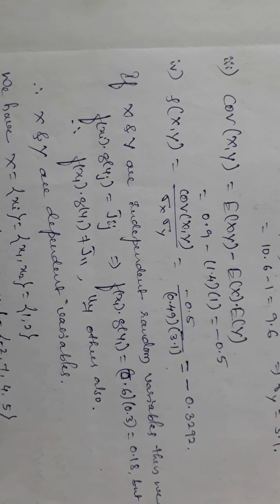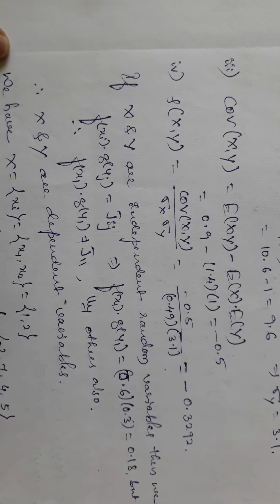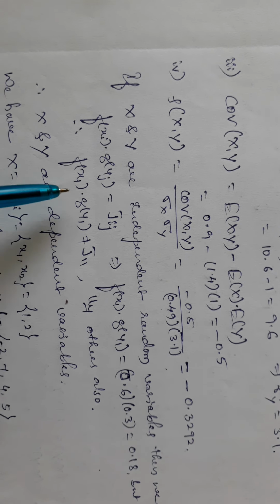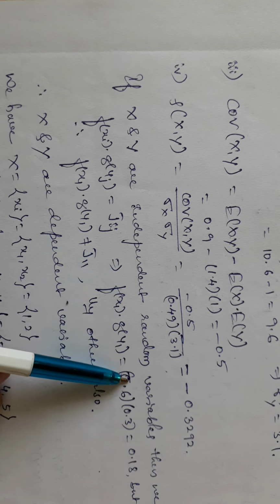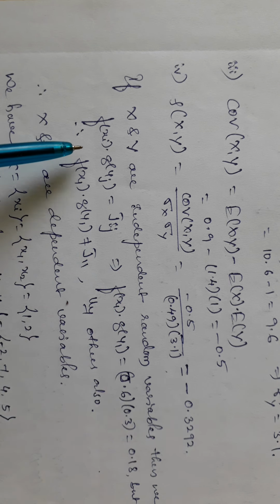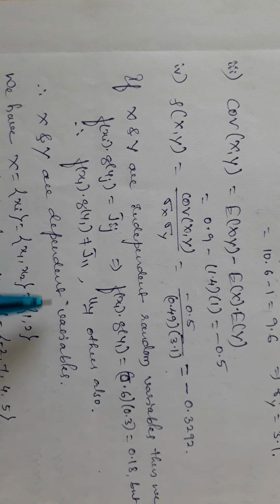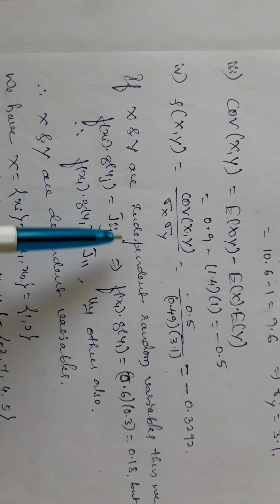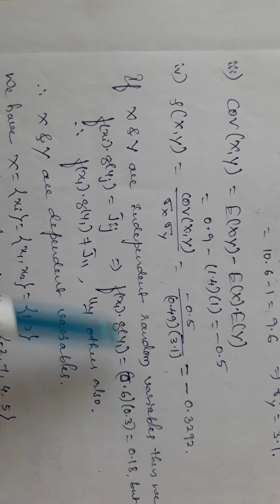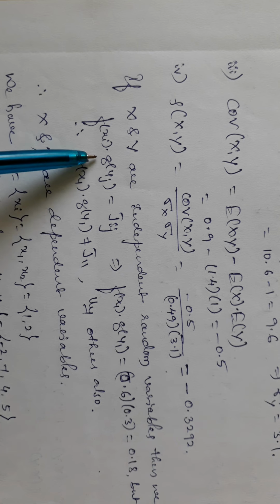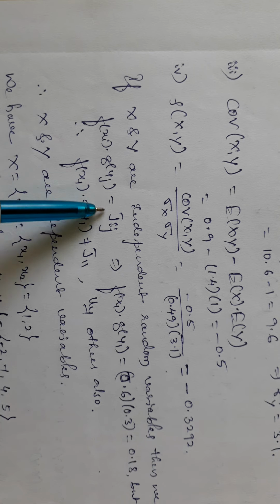Next, we need to show that the given variables are dependent. We have the formula for independent variables, so if it does not hold, we can say that x and y are dependent. That is, if x and y are independent random variables, then f of xi into g of yj is equal to jij.